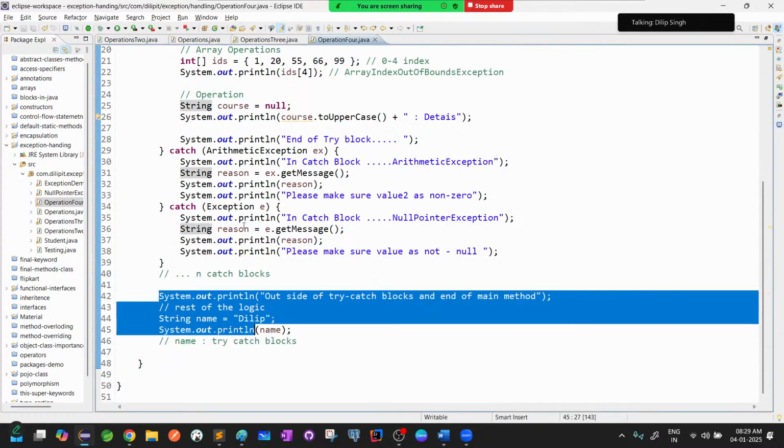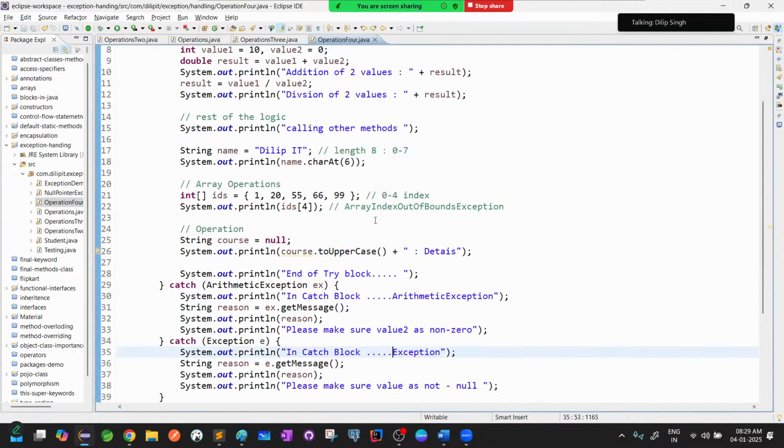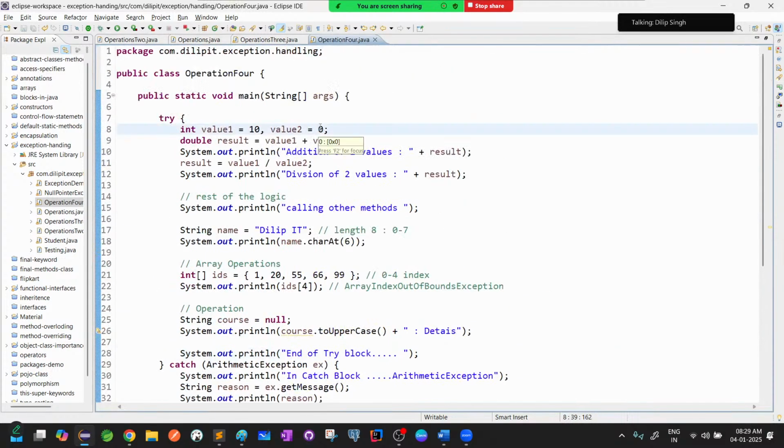That means this logic is also executed. Right? Fine. Now my point is, okay, this is good now. So with these values, what will happen? This is good, this is good. No exception because it is not a 0 value. This is also good, this is also good.